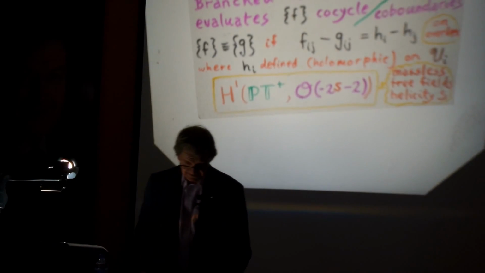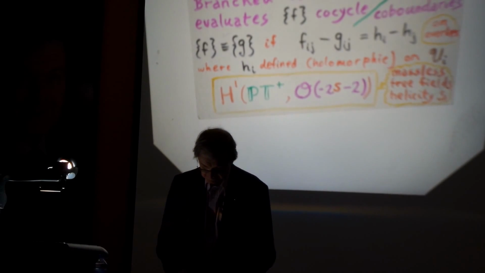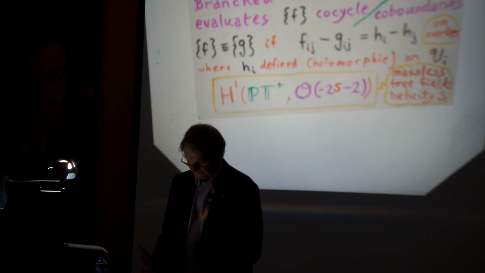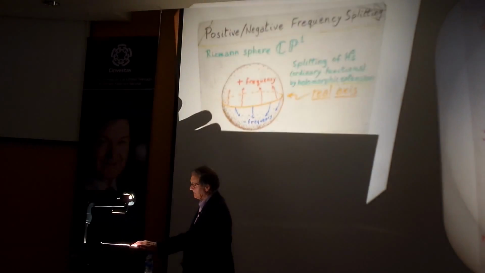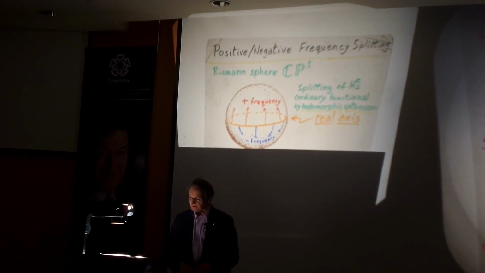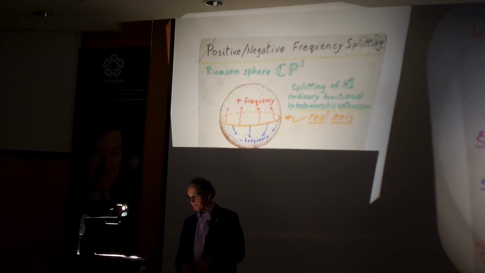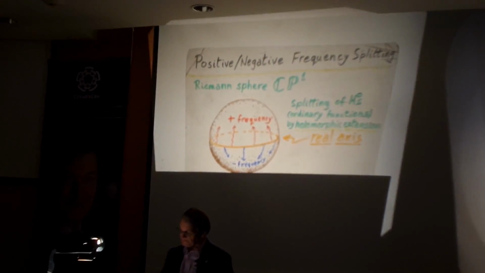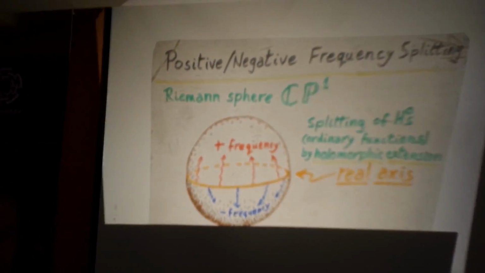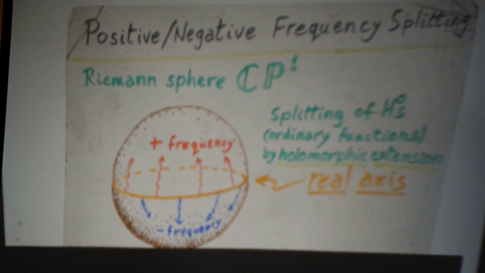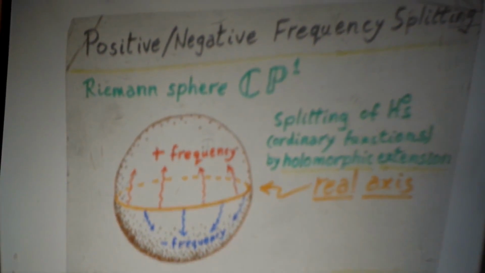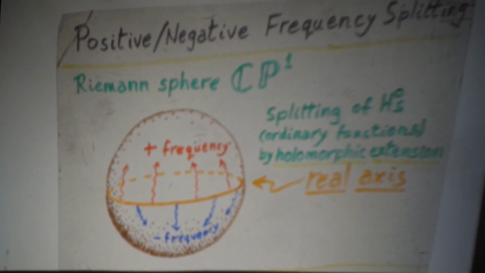So that's one of the things I was saying yesterday, but I just thought I'd say a little bit more deeply here. And one of the very strong motivations I had originally for twistor theory was the analog of what you have with the Riemann sphere. In quantum field theory, you want to split your functions into positive and negative frequency parts, and you use this way of doing it rather than doing a Fourier analysis, which is initially what physicists would think in terms of, but you could do it more elegantly.